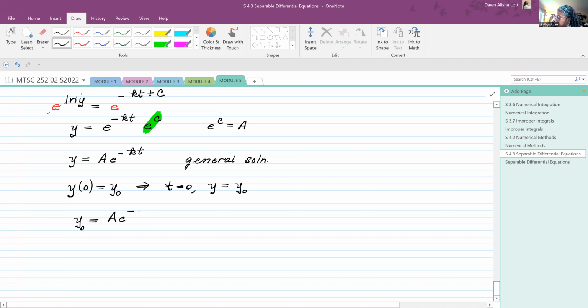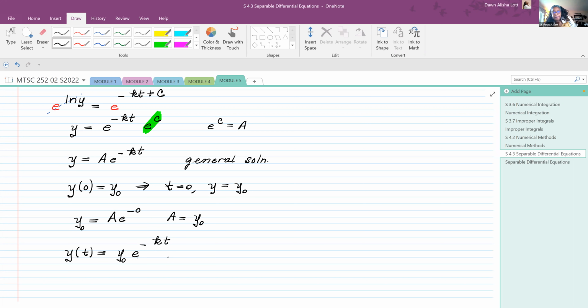That's e to the 0, which is 1, and so I get y0 equals a. So now I know a is y0. Therefore y of t equals y0, the initial amount, times e to the negative kt. That tells me at any time t the amount of substance that I have.